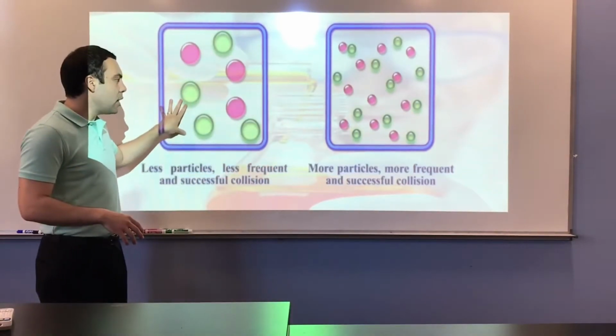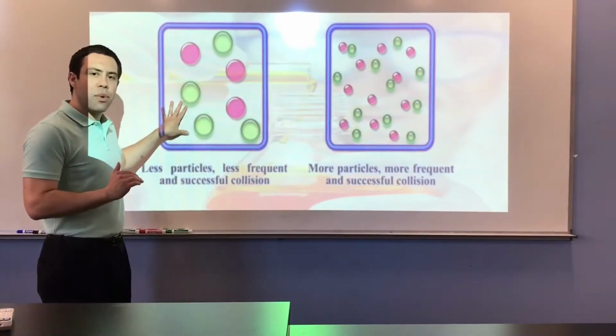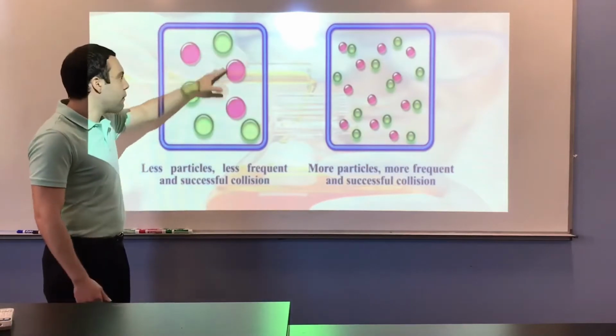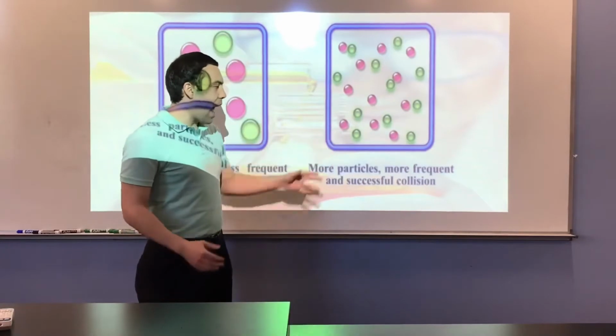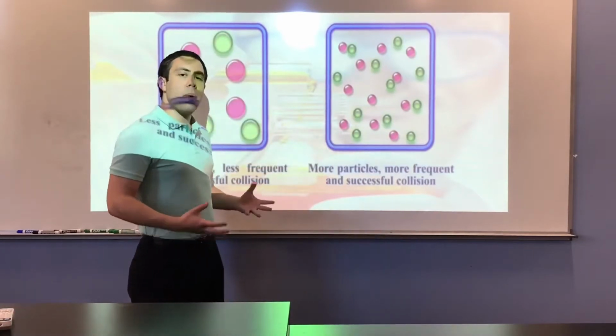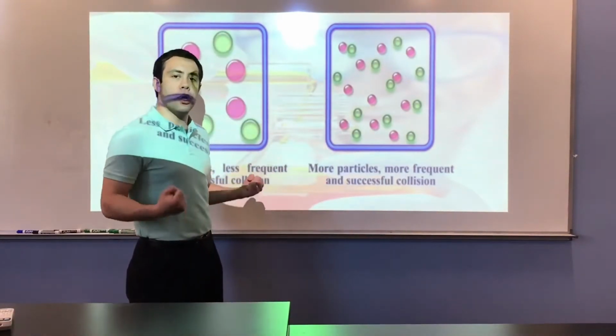The container on the left will have a lesser rate of reaction because there are fewer particles to collide. The container on the right will have a greater rate of reaction because there are more particles to collide.